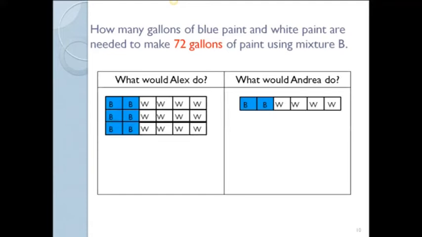How many times would Alex have to proportionally increase this picture to get to 72 total parts? He might persevere, he might count wrong, he might give up, and he might wonder if there's a better way. Andrea uses her reasoning from before to determine that each part must represent 12 gallons and finds the number of parts for blue and white much more efficiently.